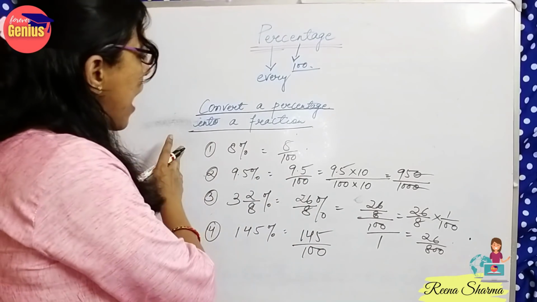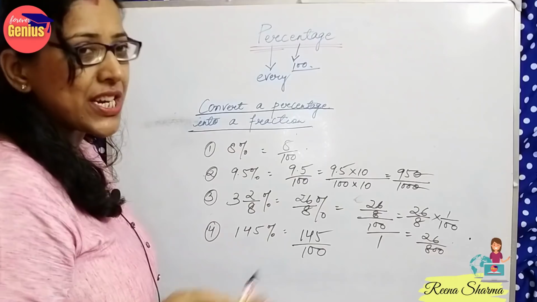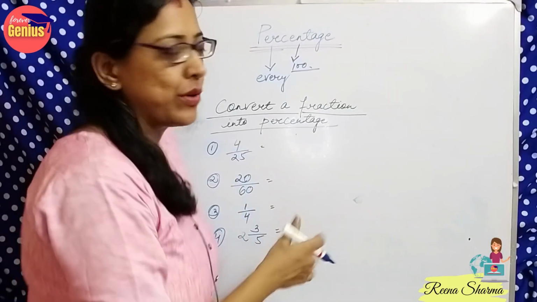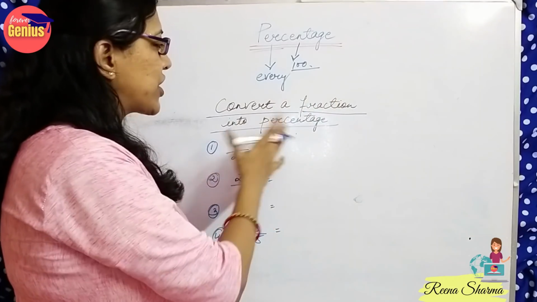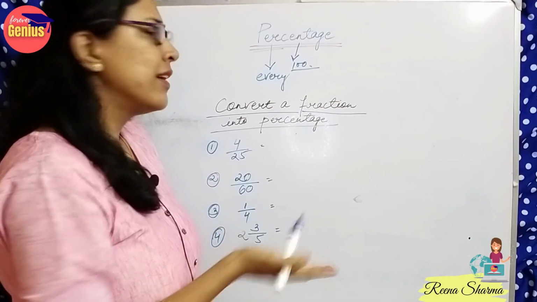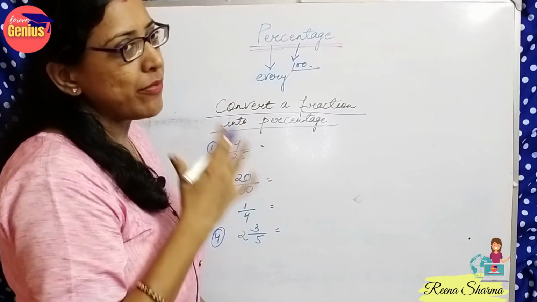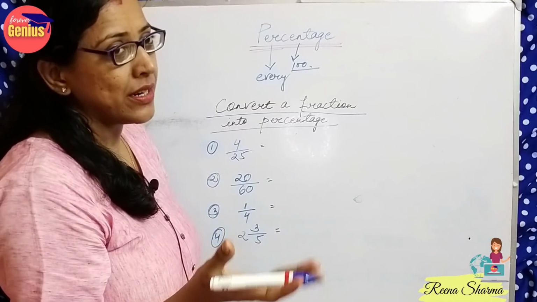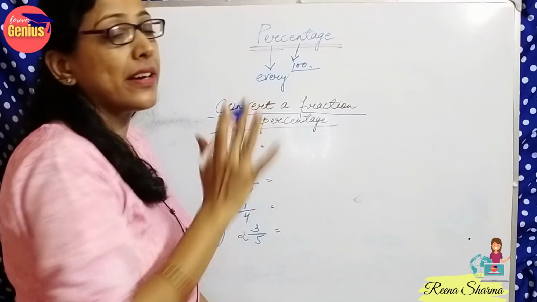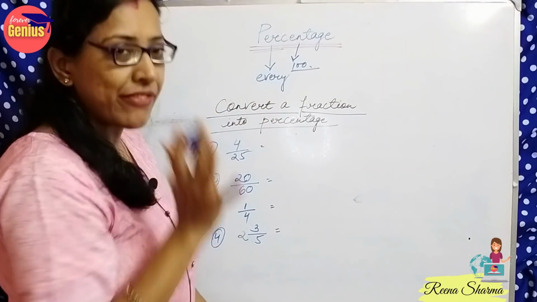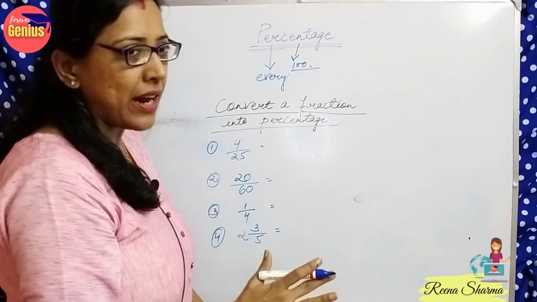Now let's see how we would convert a fraction into a percentage. So now our second point of discussion will be convert a fraction into percentage. What we did? We converted percentage into fraction. So there we took 100 as a denominator. Means we divided the number by 100.